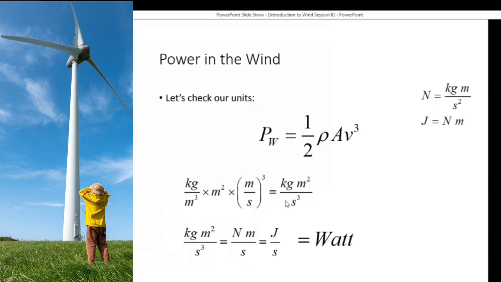Work is equal to force times distance, which is Newton times meter, and it becomes joule. And joule over second is watt, which is just work over time, which is power. Power in physics is equal to work over time.